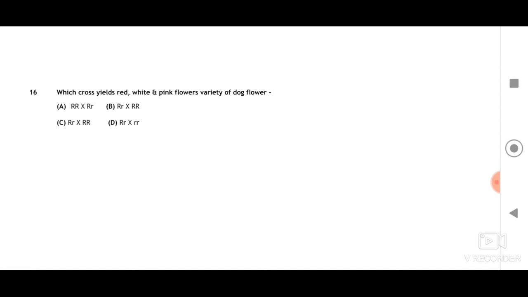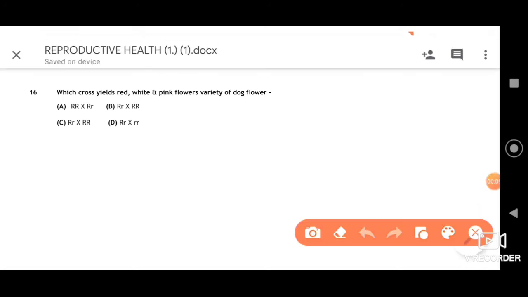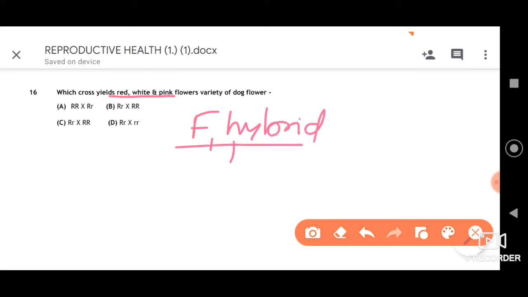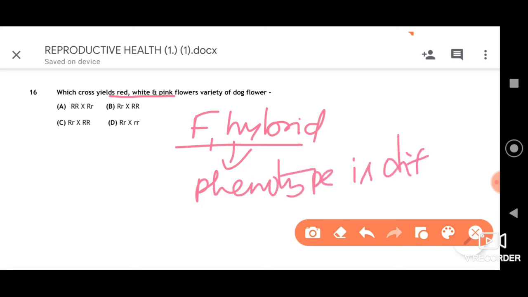Next question we have, which cross yields red, white and pink flowers, a variety of dog flower. They have given red, white and pink flowers, dear friends. Let me explain that. This is explaining incomplete dominance, where the F1 hybrid plants will have a different phenotype, that means pink flowers.